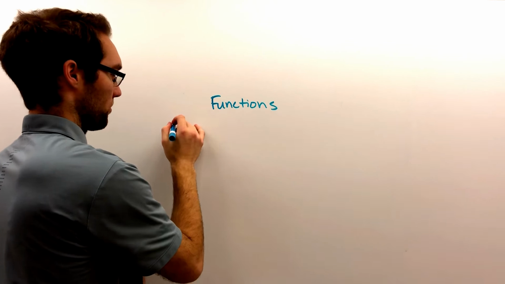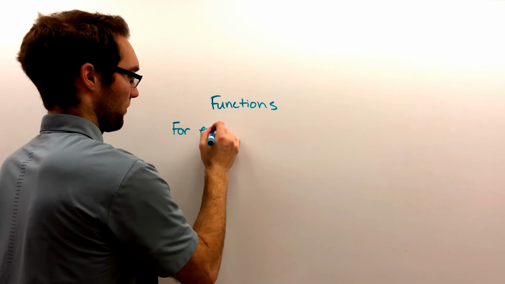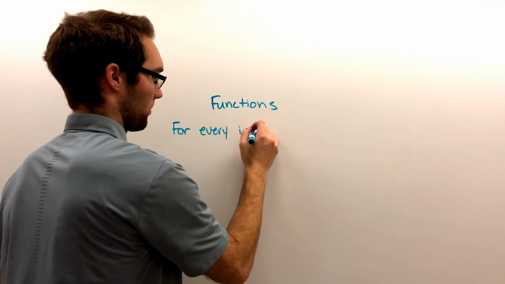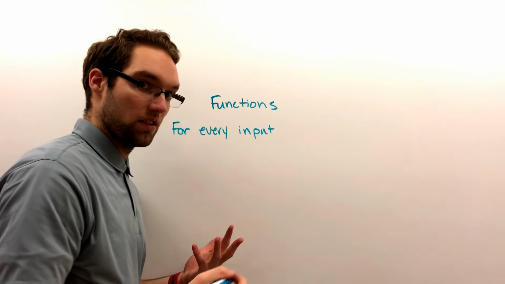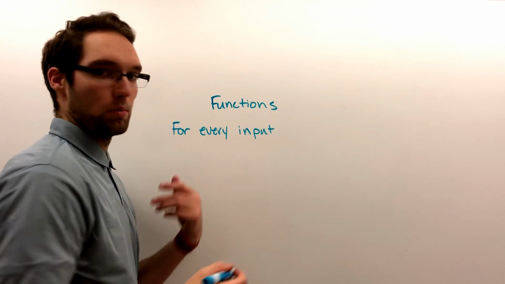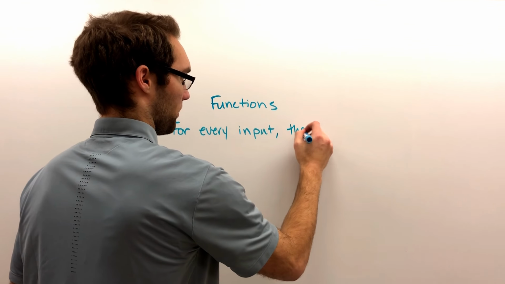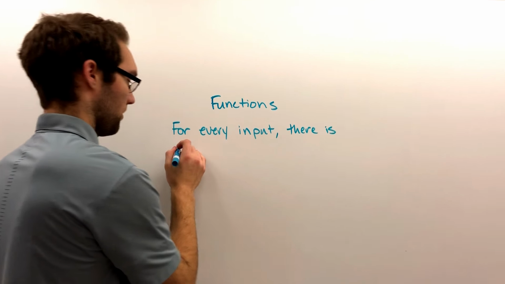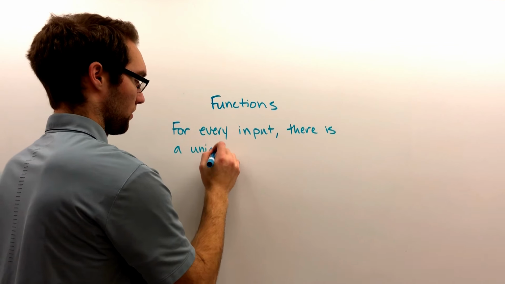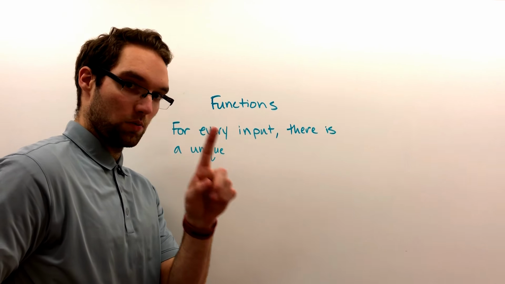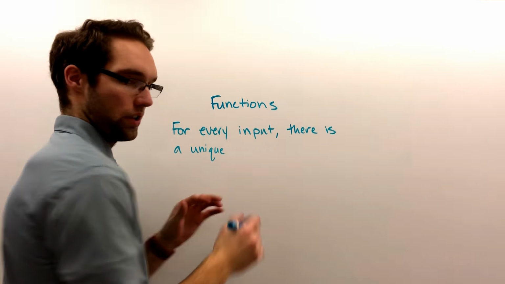And then I'm just gonna put, just right here, for every input or independent variable, if that's what you prefer. I prefer input, it's a shorter word, less spelling, right? For every input, there is a unique, or one, okay, that means one, and we'll talk about that more in a second.